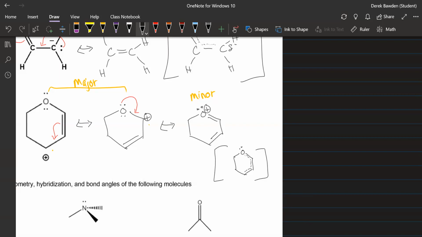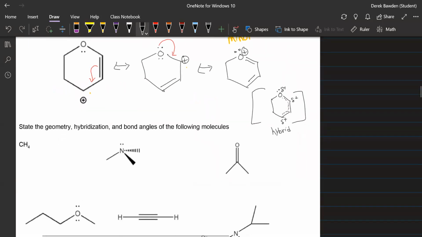No, it doesn't look like it. All right, now we need to do our charges. So at one point we have a positive charge on the oxygen, this carbon, and this carbon. That's our hybrid. Any questions on that one? Cool. Let's carry on.